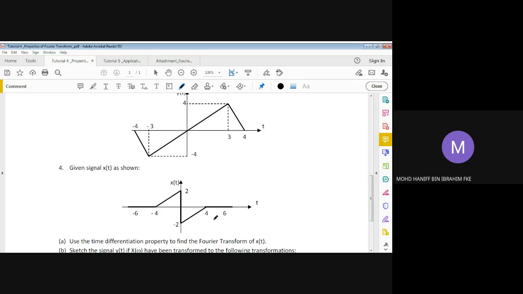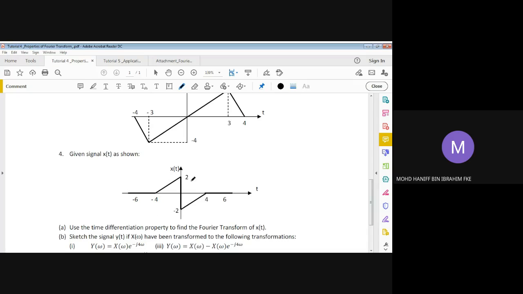problems, but you have to be very careful with this x(t), because when we differentiate it, you are going to have a constant between negative 4 and 0. If I can sketch this for you, just very short, just for information.